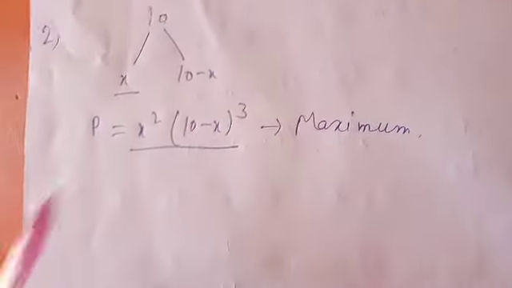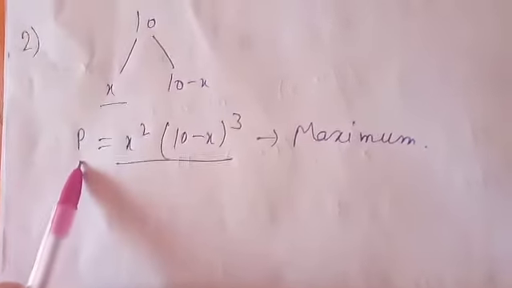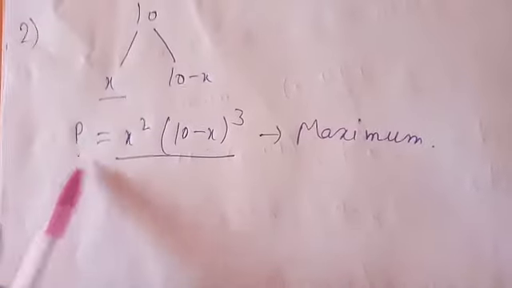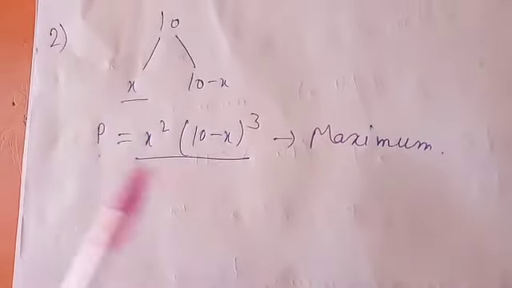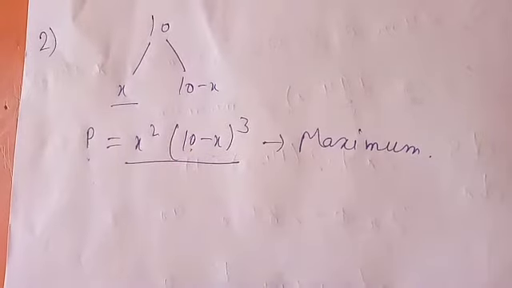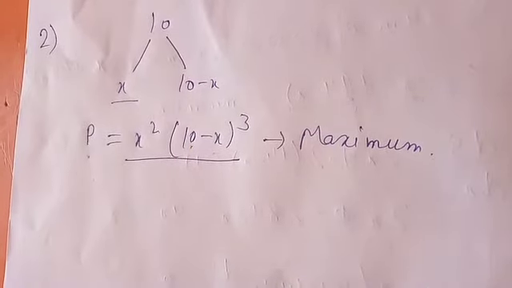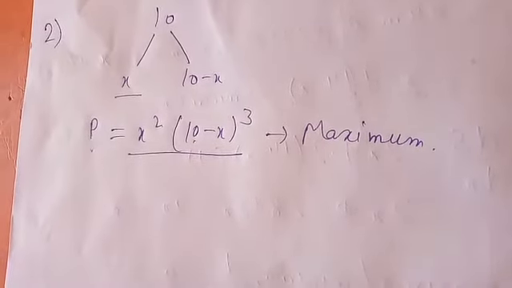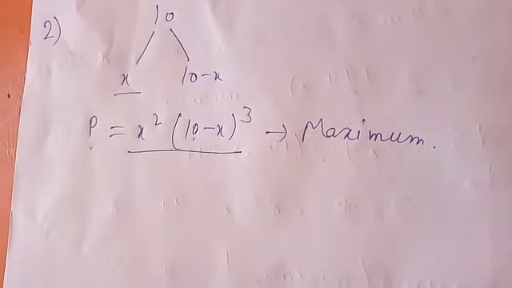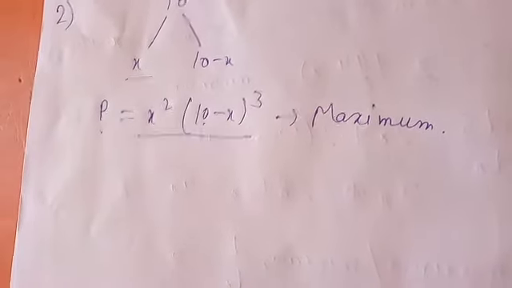Similarly, first we will find the first derivative and then put dP by dx as 0. From there we will find the value of x, and then to check the point of maxima or minima we will find the double derivative and we will get the result.